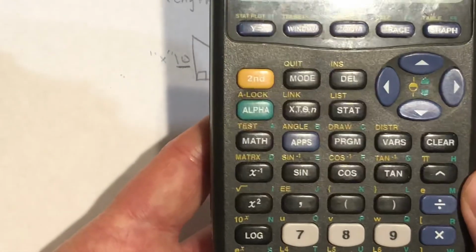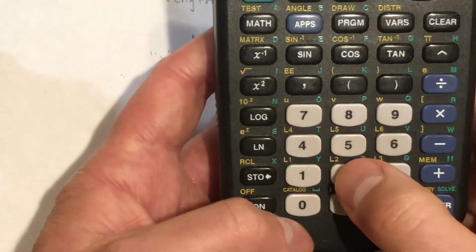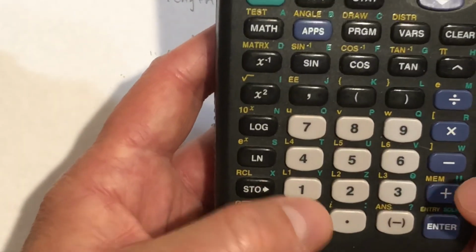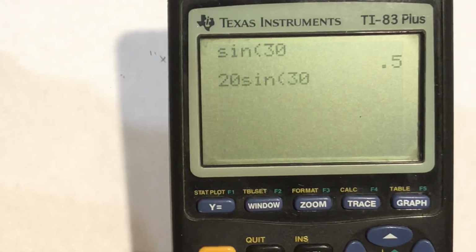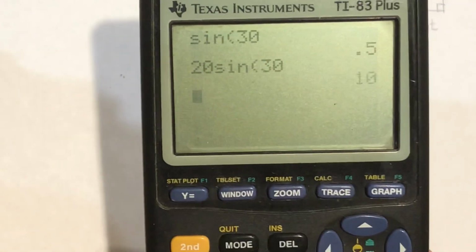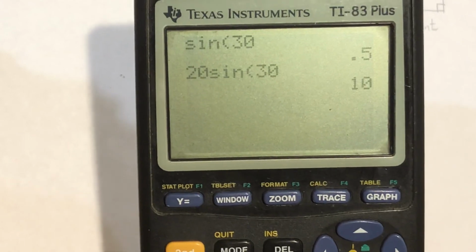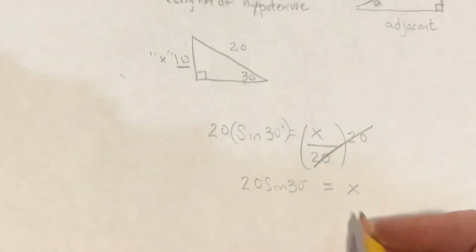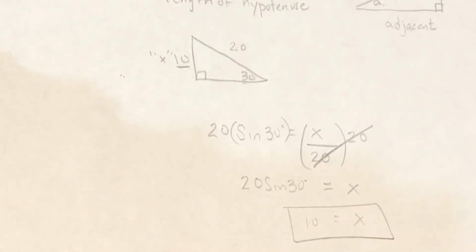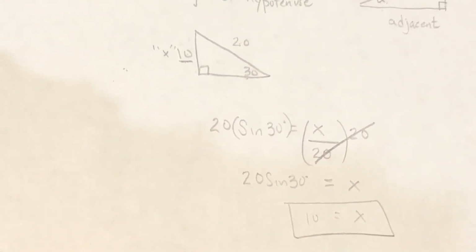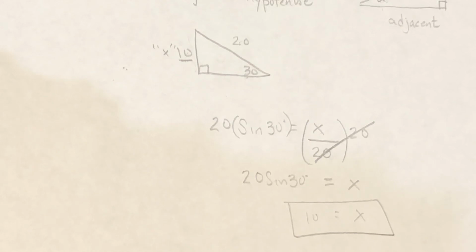So on your calculator, you can go right to 20 sine 30. You don't even need to do the close parentheses in this case. Hit enter, and you get, which we already knew would be, 10. So x equals 10.